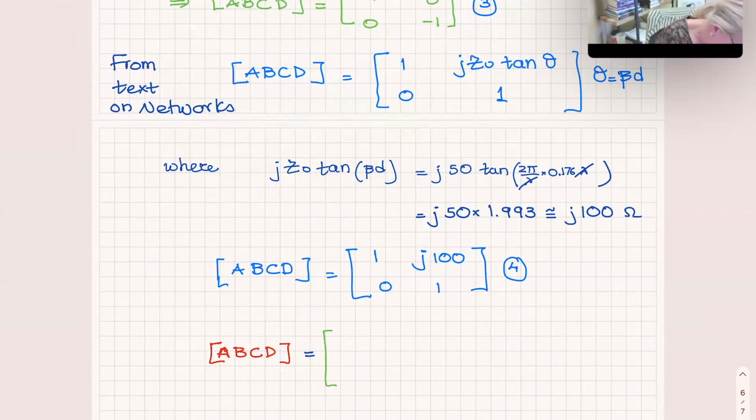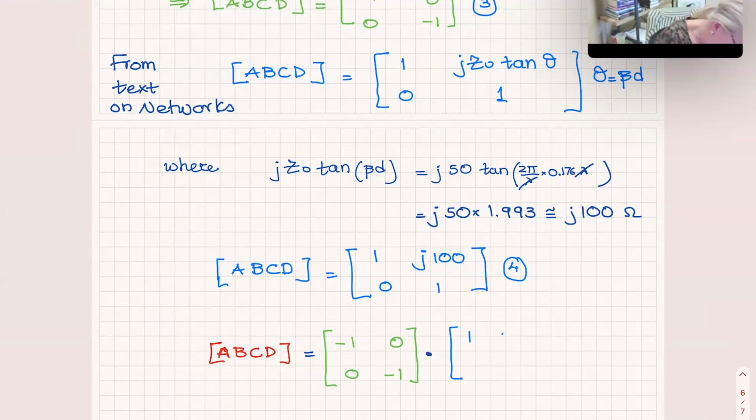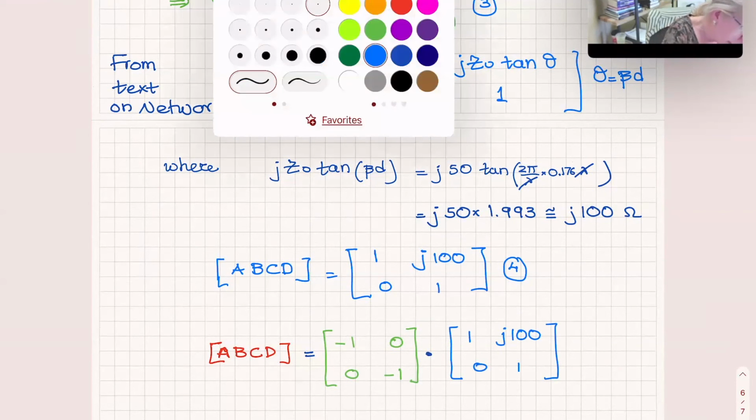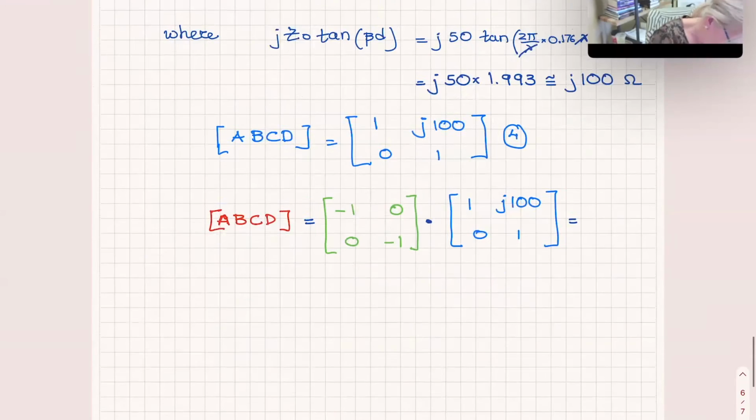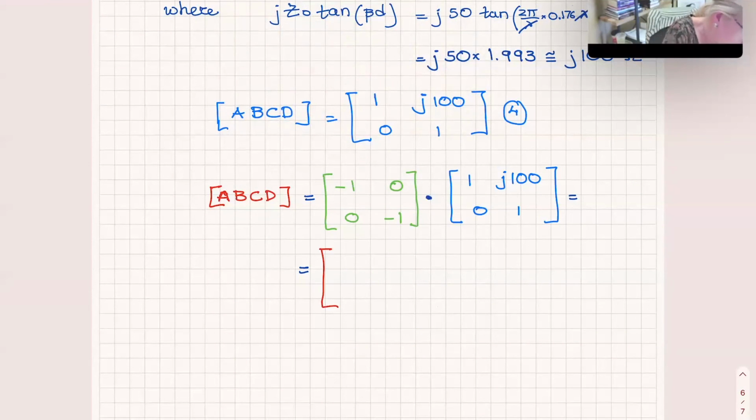and we use a different color so people remember, 1, 0, minus 1, times 1, J100, 0, 1, and then that gives equal. Okay, so we take this one times this one, and that gives -1. Then we take, oh, excuse me, the other way around.